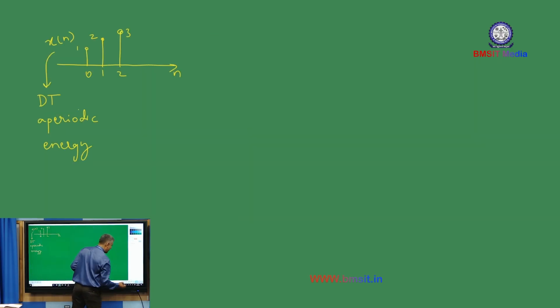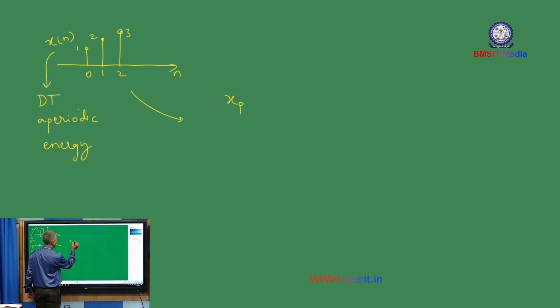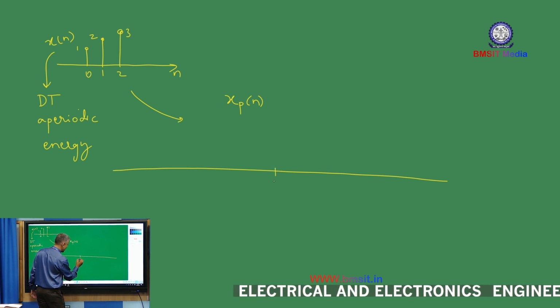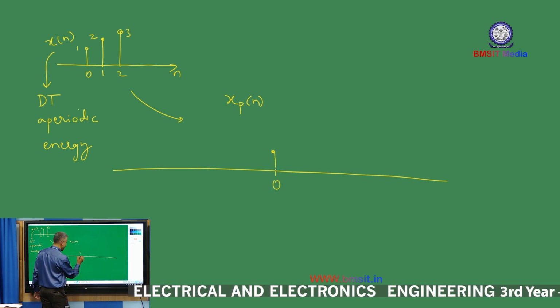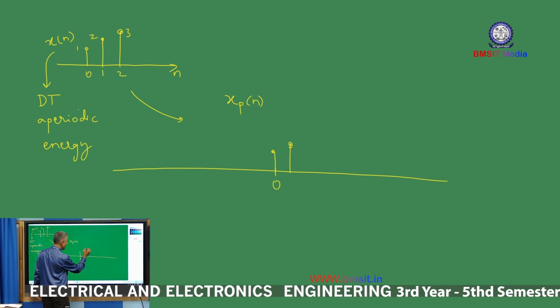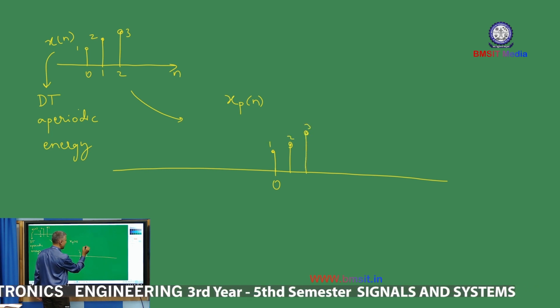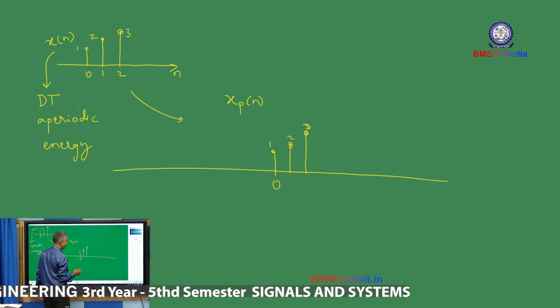So how do we represent this? I can show the same thing as xp of n. The representation will look something like this. If I consider this as the origin, then this is 1, 2, and 3. This is x of n.